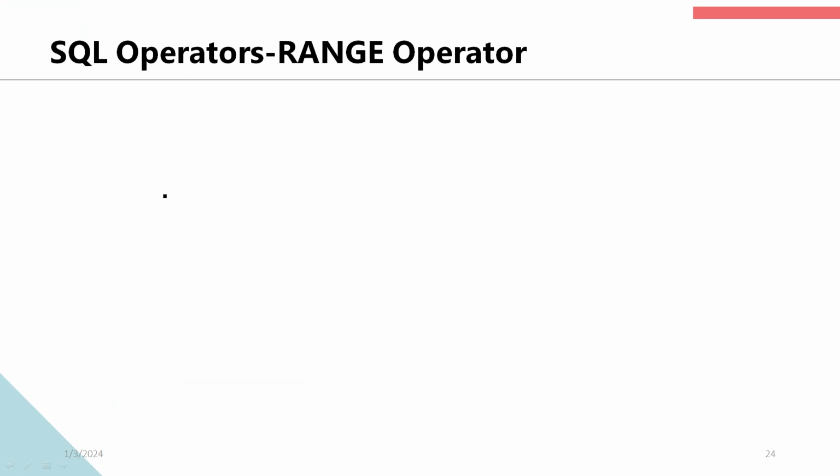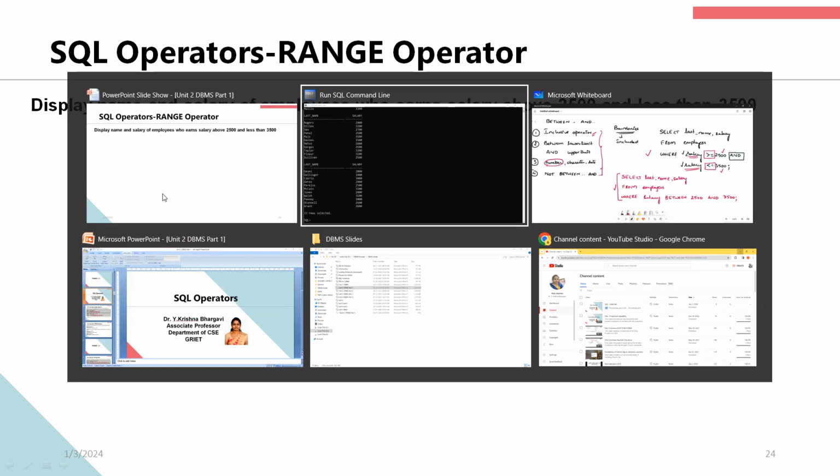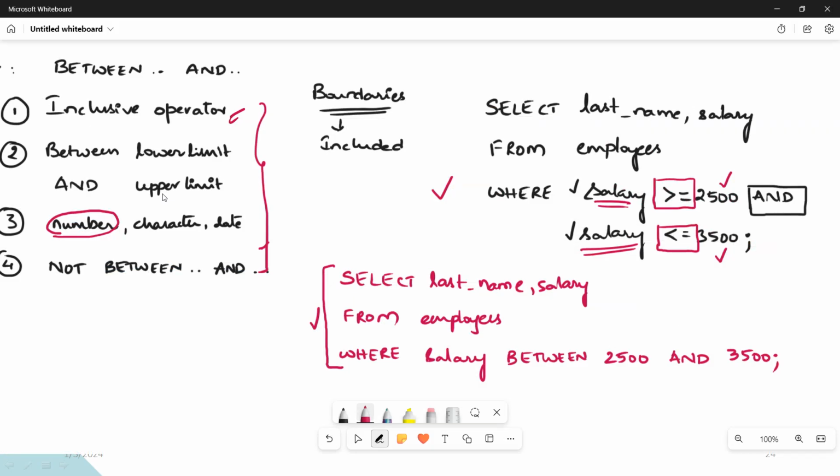So here we go, this is the next question. Pause the video for a while and try to write the query by yourself. The question is, display name and salary of employees who earn salary above 2500 and less than 3500. So please observe, when we are writing this query, how do we mention this?